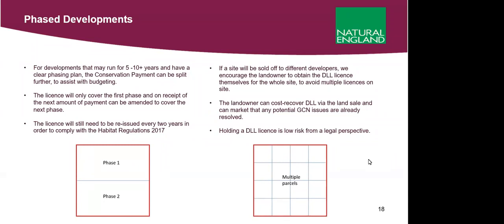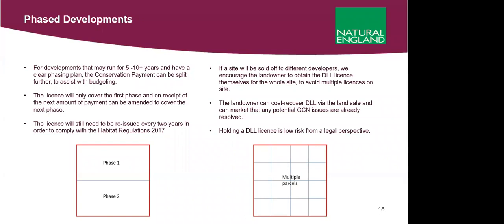They can market the fact that DLL is covering the whole site, and they don't need to worry about GCN. So there's no loss of income from them. And then that means there's just one license covering the whole site. There's not going to be multiple licenses that are potentially complicated for both the developers and Natural England to maintain.